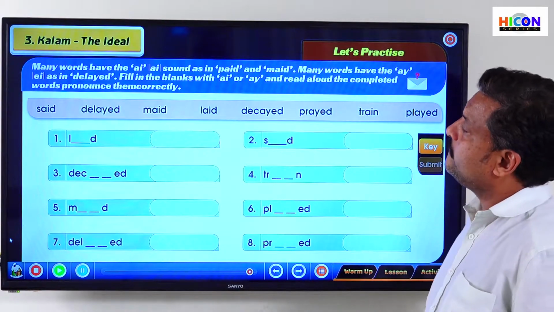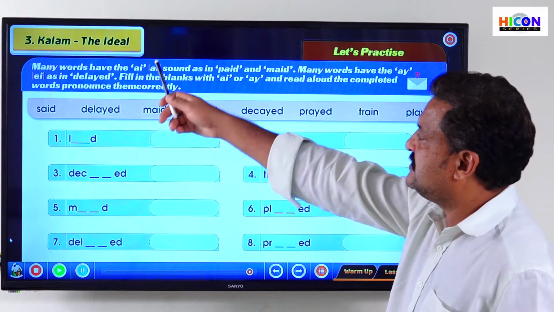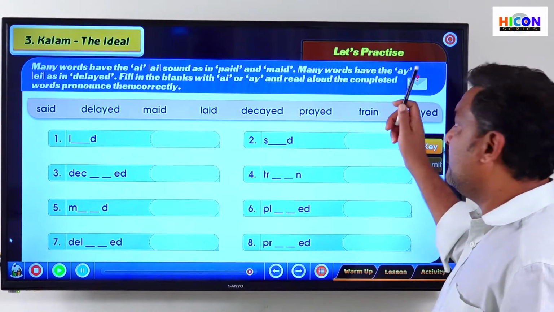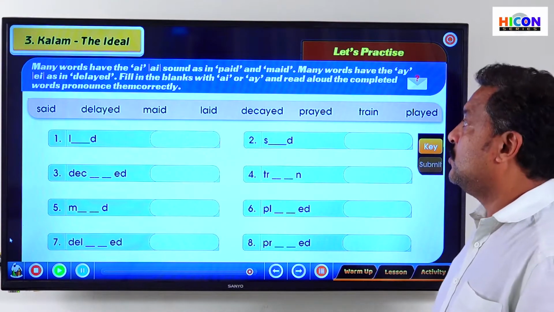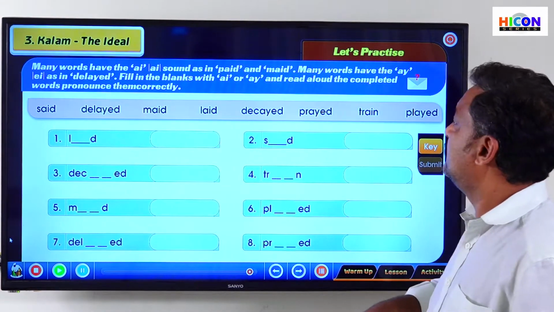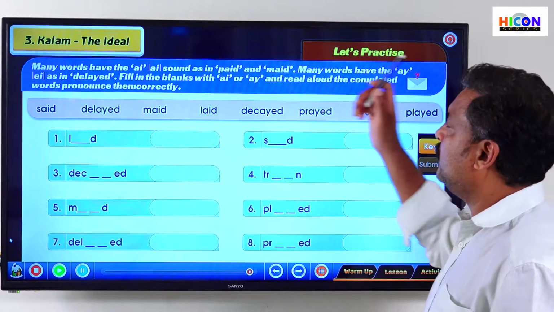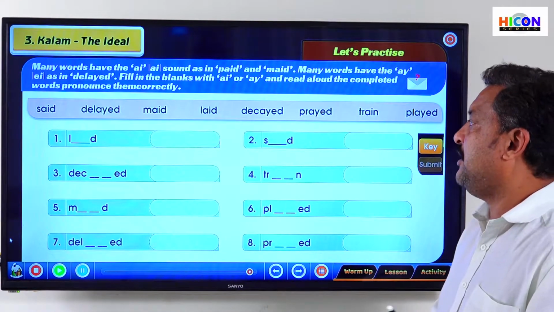So we know we do use AI or AY to complete the spelling of many words. So AI is known as A and AY is also known as A. Okay.